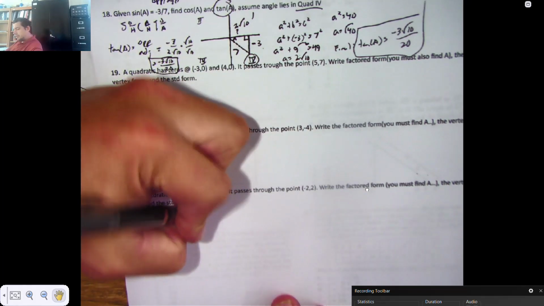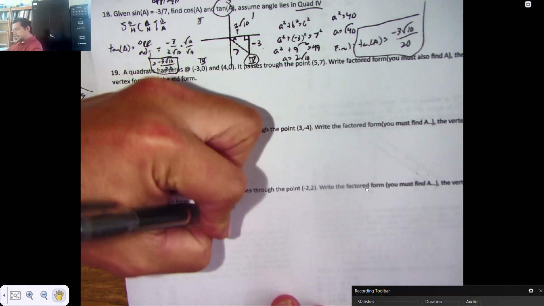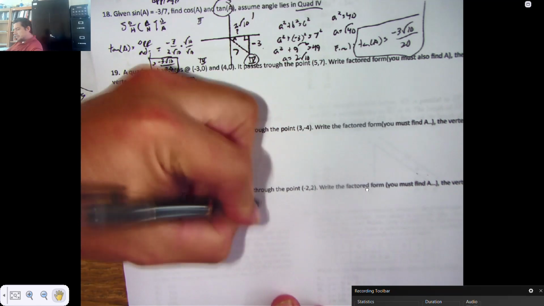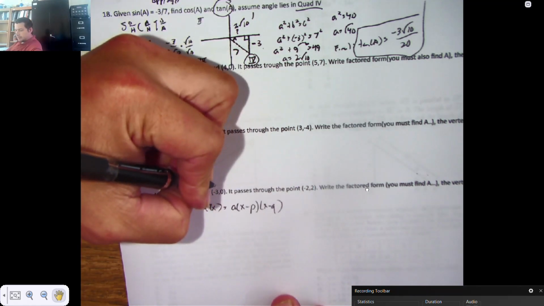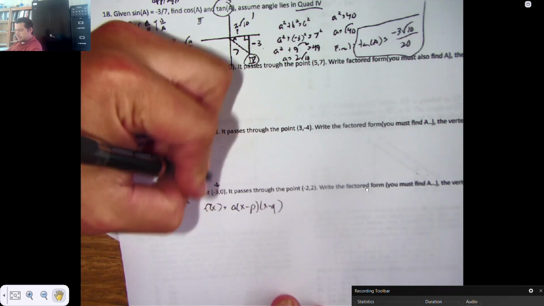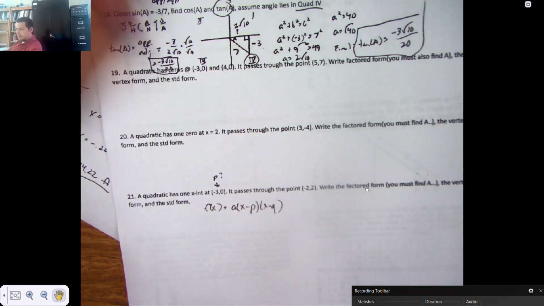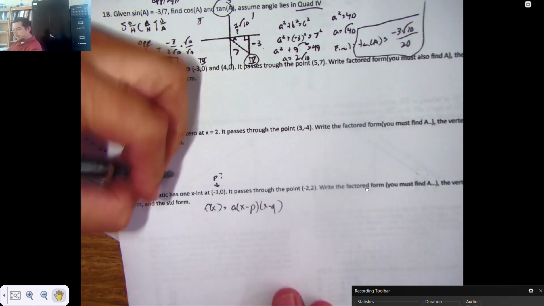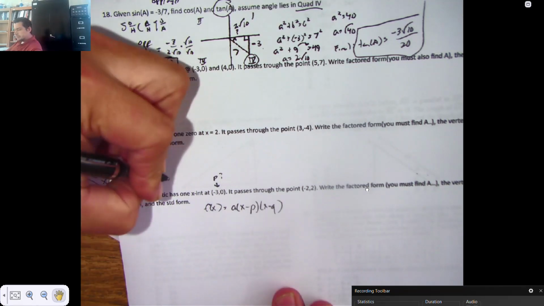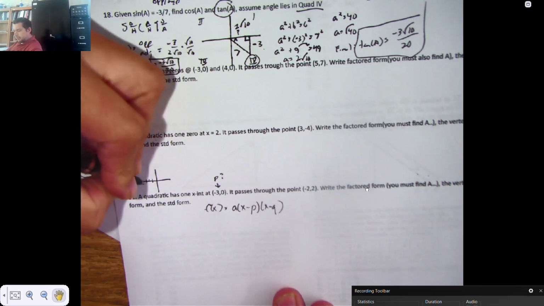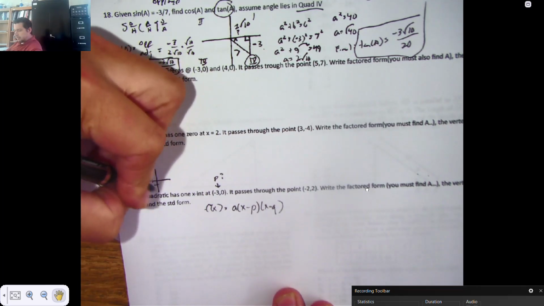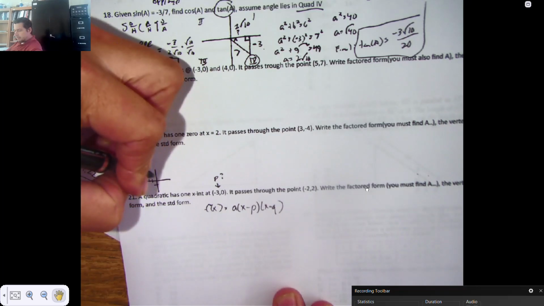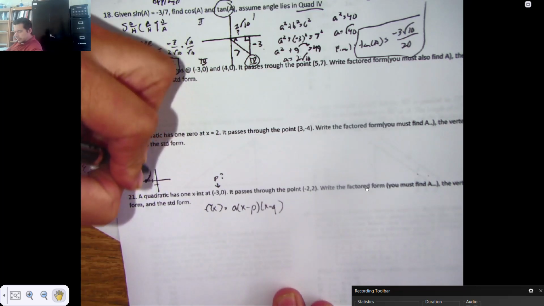So again, factored form is f of x is a times x minus p times x minus q. It says it only has one x-intercept. Huh. That's just weird. Think about that. If we only have one x-intercept and we pass through the point negative 2, 2, we'd look like that.